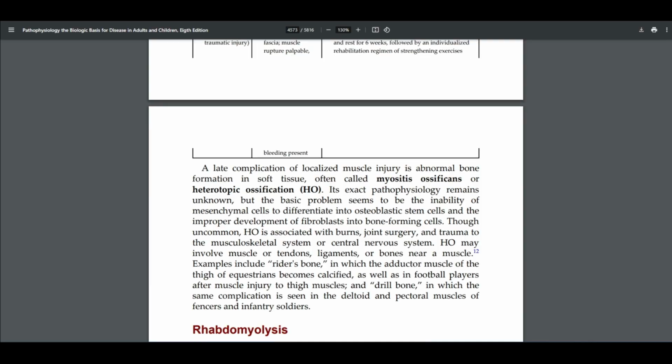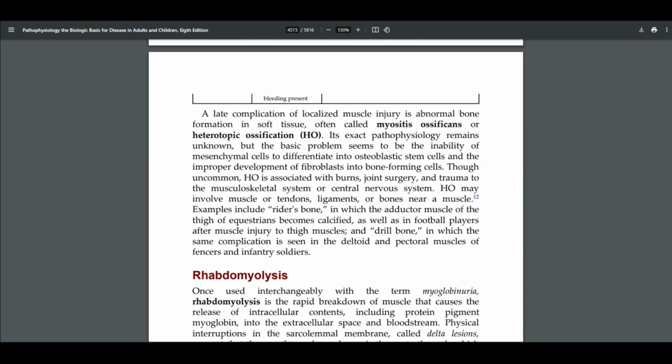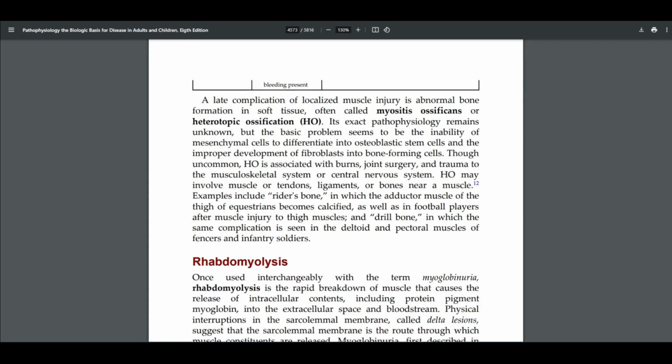A late complication of localized injury to the muscle is abnormal bone formation in soft tissue, often called myositis ossificans or heterotopic ossification.